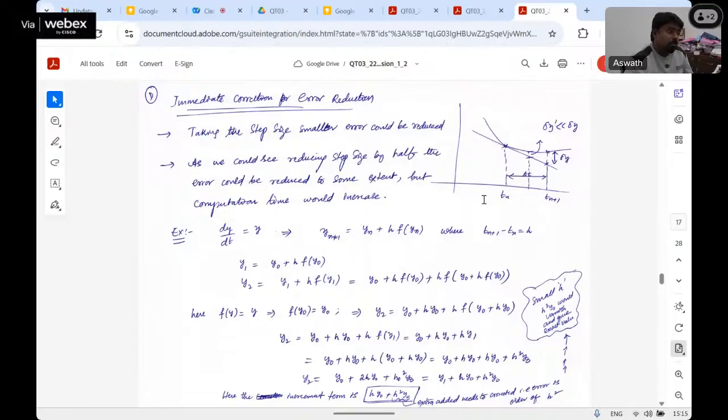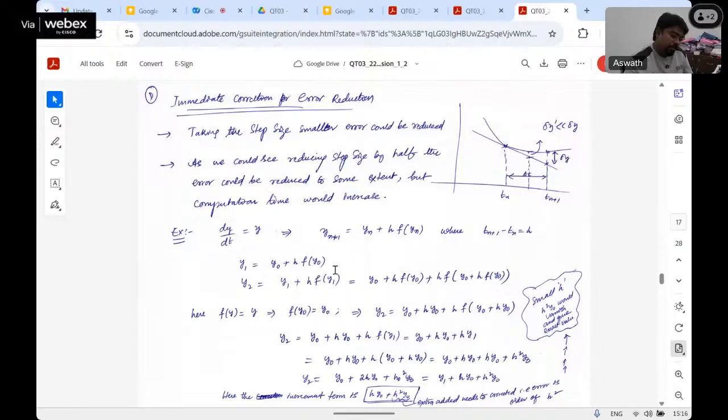So I have taken one simple example to see what error creeps in in the case of the Euler method. The derivative function is just y itself, f of Tn, yn is simply yn. Let's find the first step of Euler and the second step of Euler and substitute the derivative function.